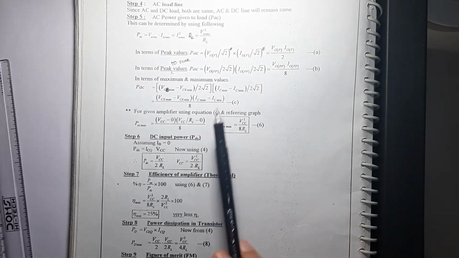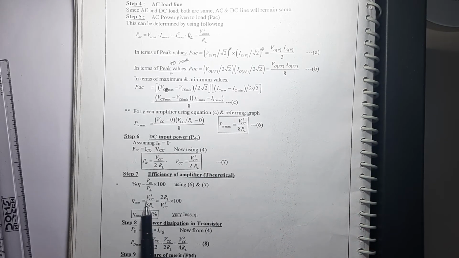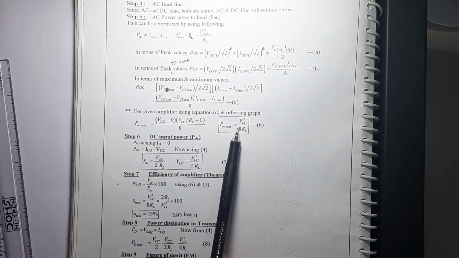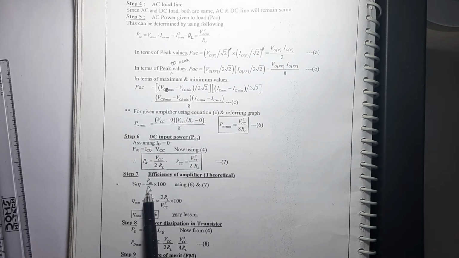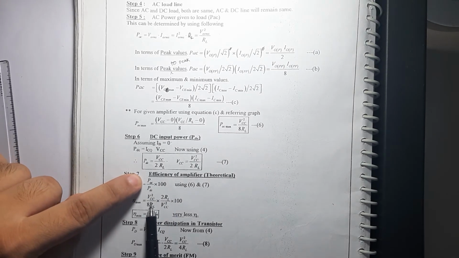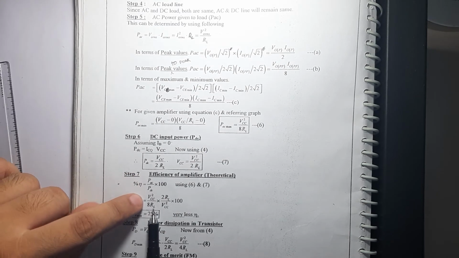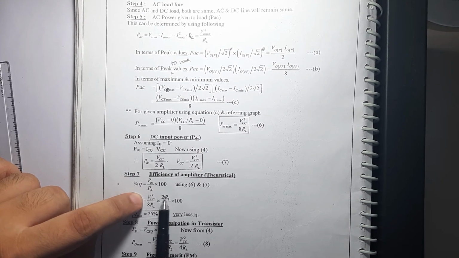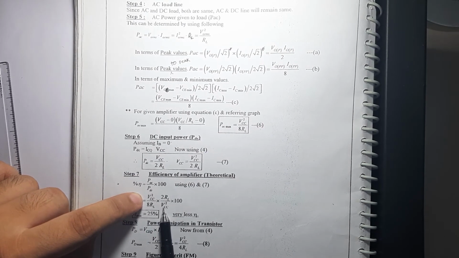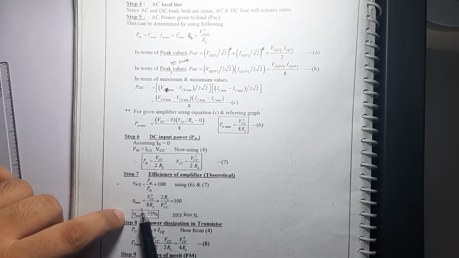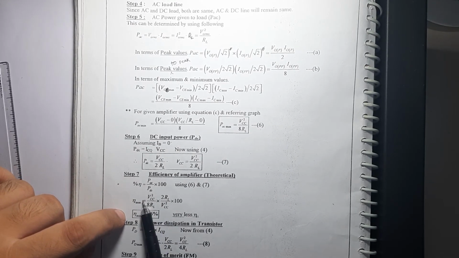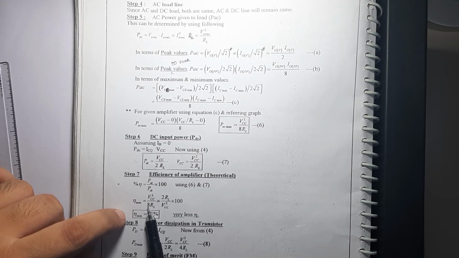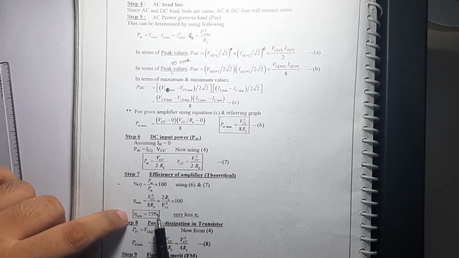Using both the equations, PAC has the value VCC square by 8RL, and PDC becomes twice of RL into VCC square in the denominator. If you process this, VCC square cancels, RL cancels, 2 by 8 is 1 by 4, into 100 will give you 25%.